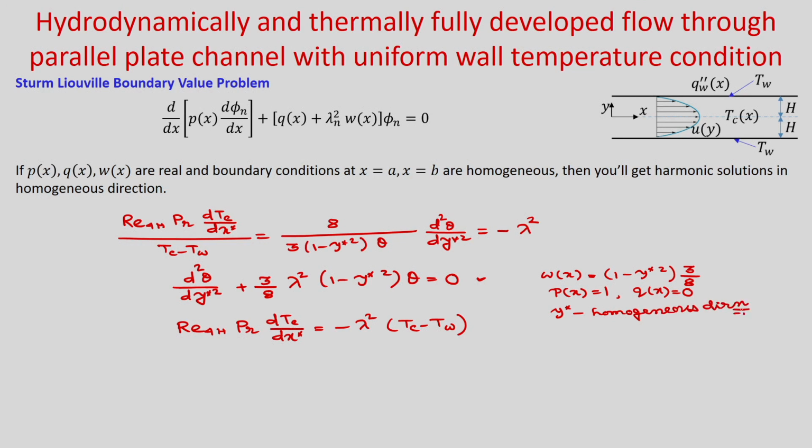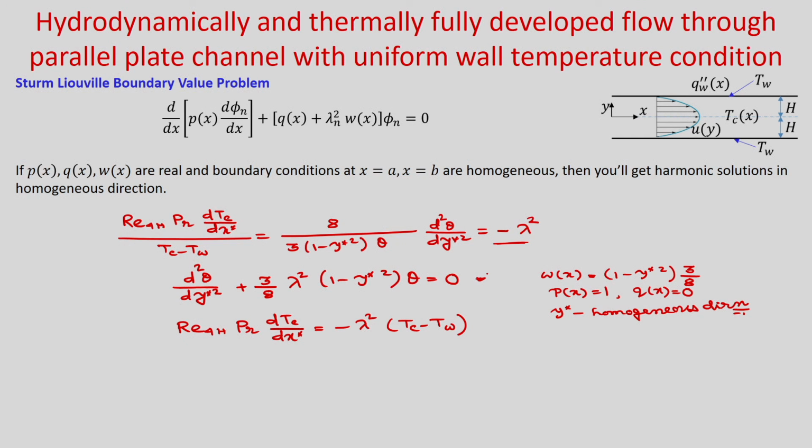As y star is the homogeneous direction and p, q, w are real, you can have a periodic or harmonic solution in y star direction. So, we have chosen minus lambda square to get the Sturm-Liouville boundary value problem in y star direction.